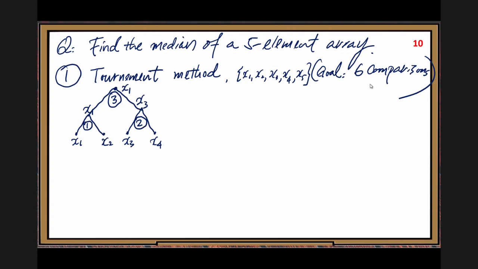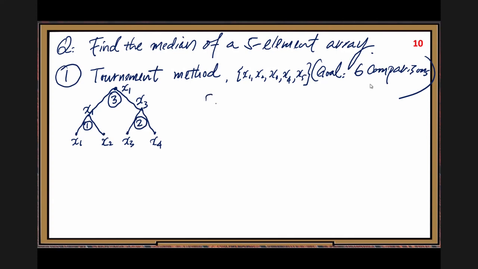Now we want to clean up our data. After the first round, we want to organize our data to explore some useful properties. Then we want to do elimination. So the tournament method is step 1.